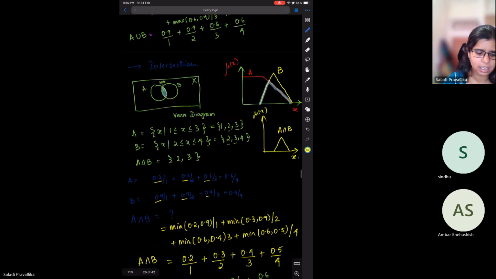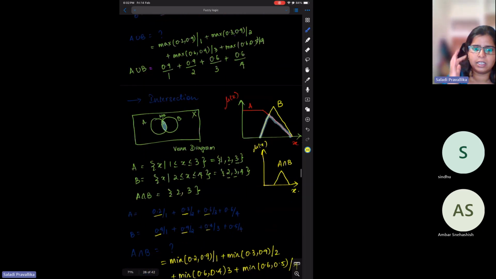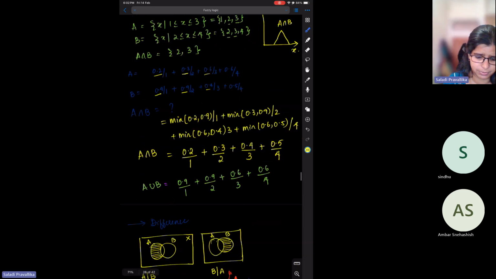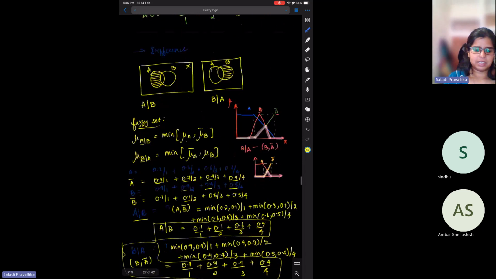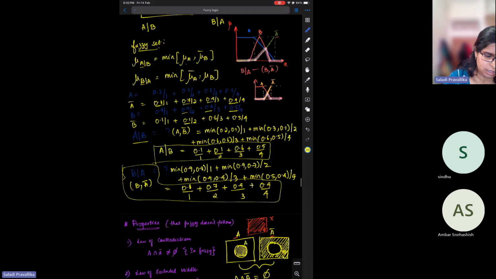Then we saw intersection, where we take the minimum membership value for a given x value. And then we saw the difference, calculating A given B and B given A.